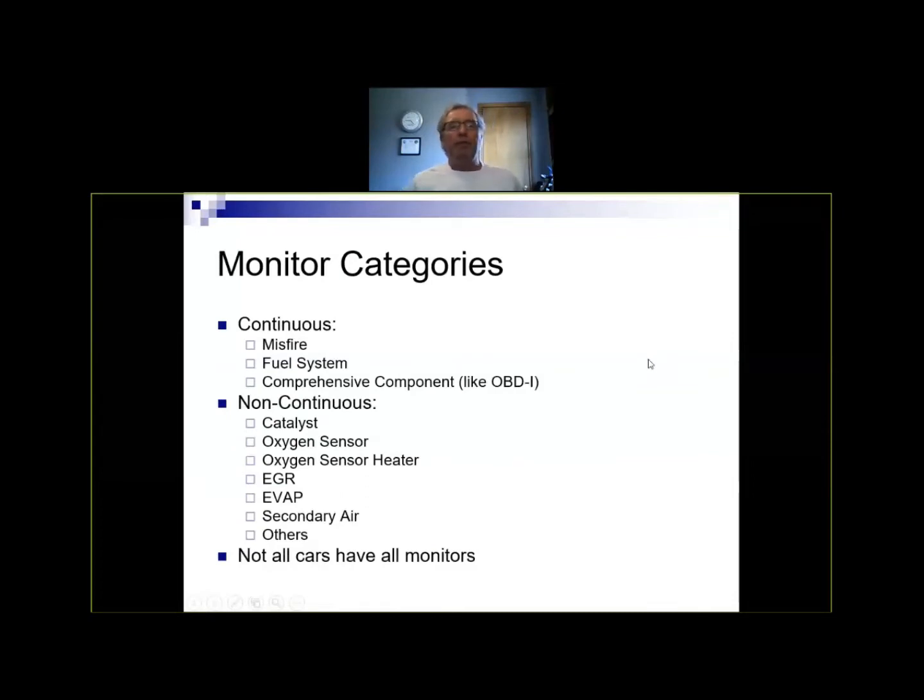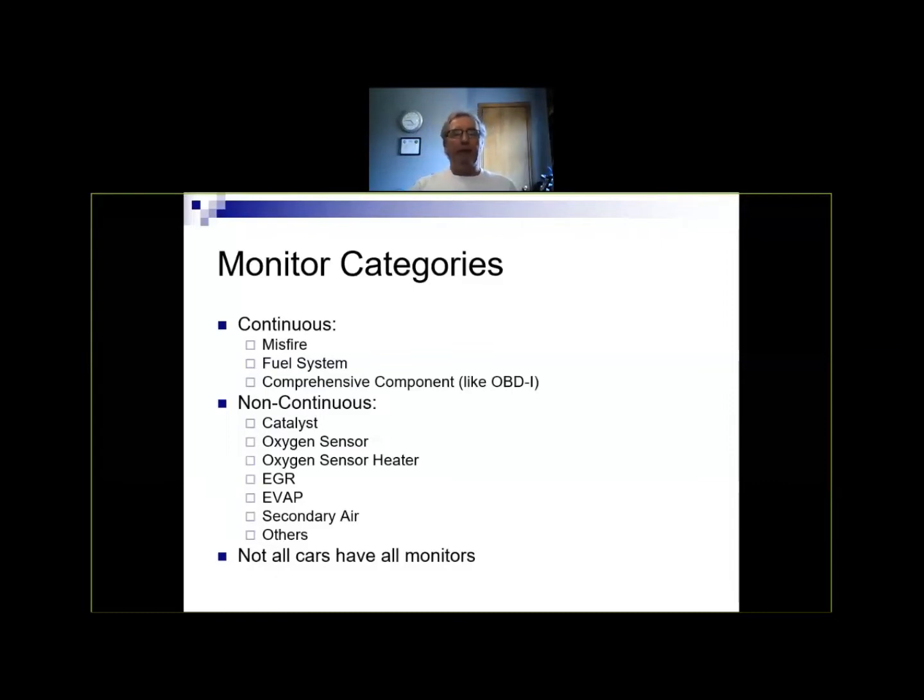These monitors fall into two major categories: continuous and non-continuous. Continuous examples are the misfire monitor, fuel system, and the comprehensive component monitor, which is the same thing we had in OBD1. These are just what they sound like. They run continuously. Whenever the car is running, these monitors are active.